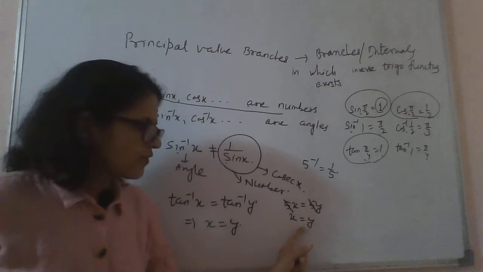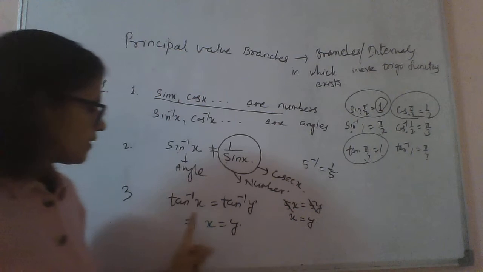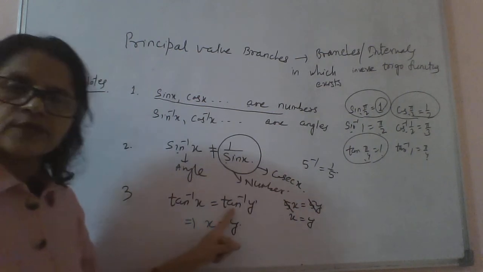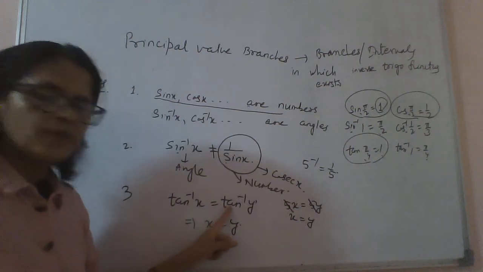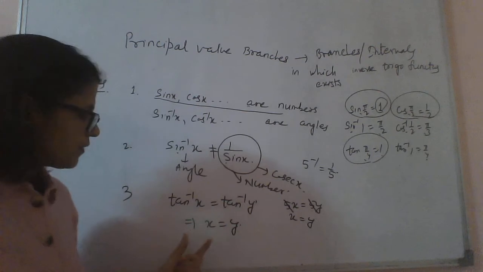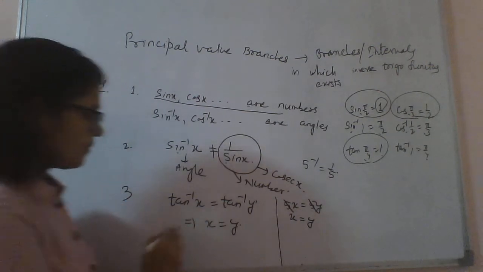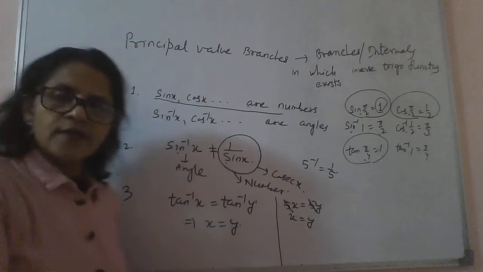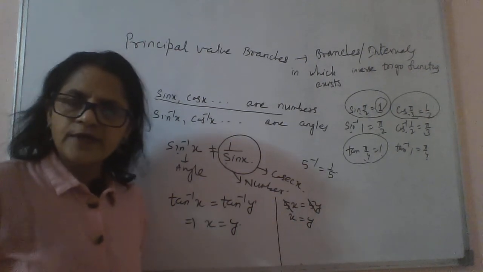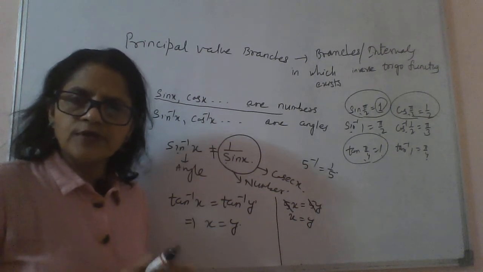That is the reason we get x equal to y. But here, tan inverse x equal to tan inverse y, we have not multiplied anything. So why x equal to y? We don't have to cancel it. If we cancel it, it means we do not know the concept.